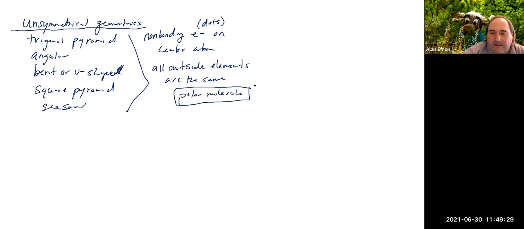So let's talk about a couple of the ones that we saw. If we take something like water, literally you could look at the Lewis structure and go, I see dots. I see the same thing on the outside. This is going to be a polar molecule.